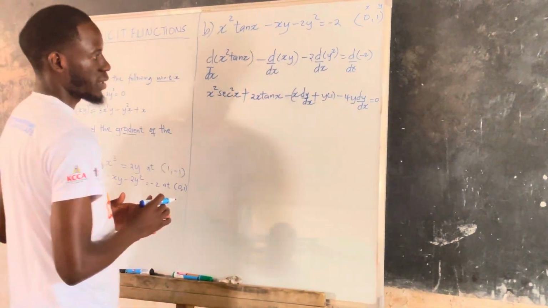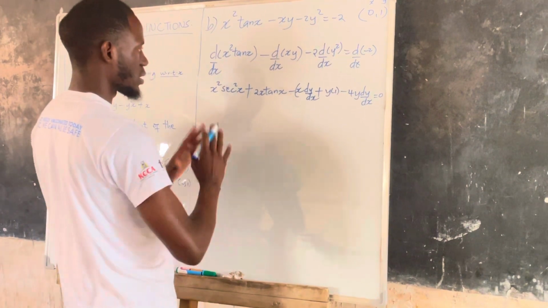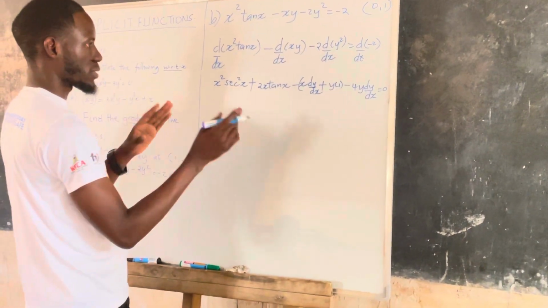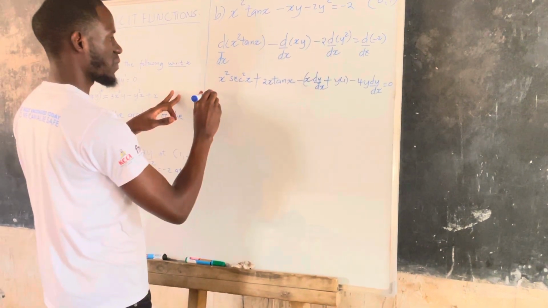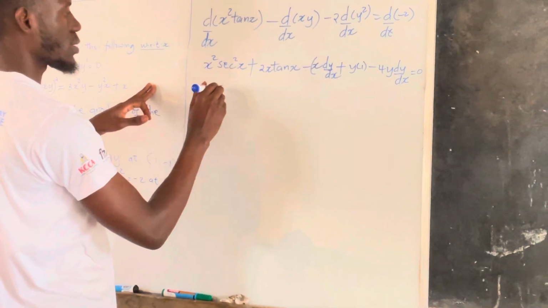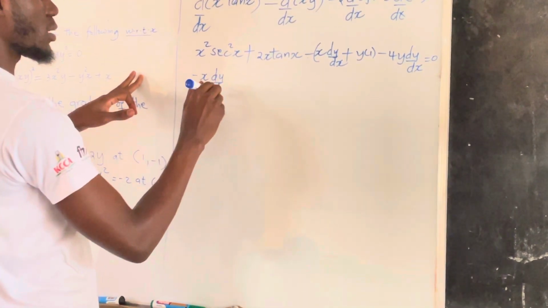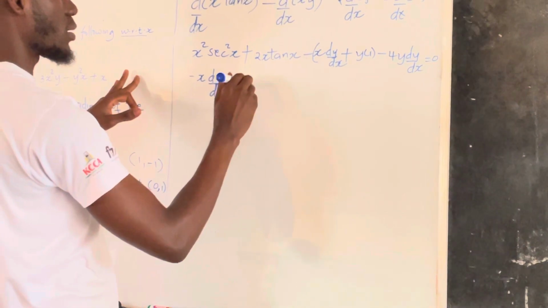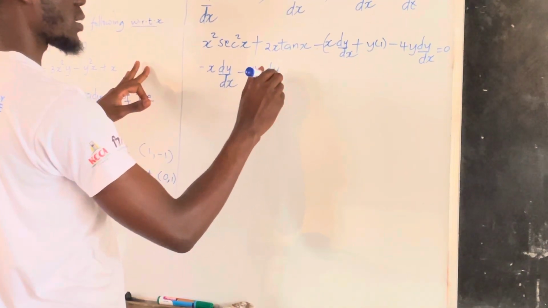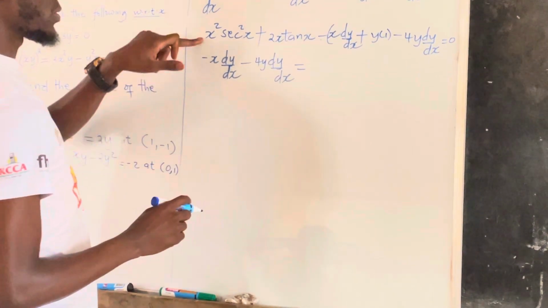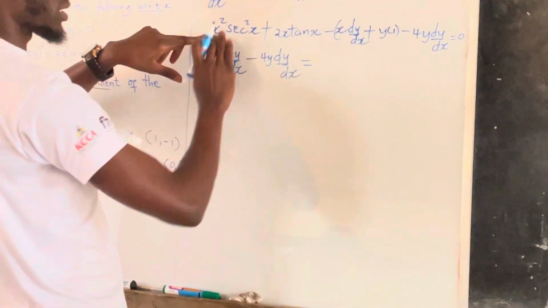Now, what we have to do is put the dy/dx on one side, then we put the rest on the other side. So in this case, I have my negative x dy/dx. Then I also have negative 4y dy/dx. This one is equal to all those values that are not having dy/dx.